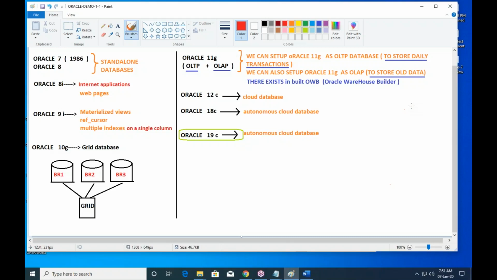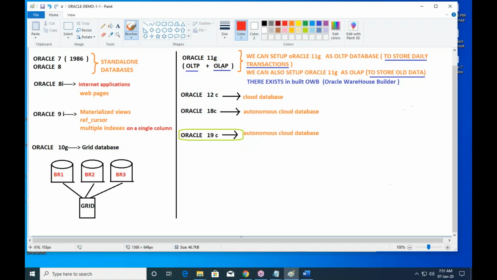But here grid is a process. It is like a program. It is not supporting analysis of your old data. Grid is not a separate database. It is a system or program which will monitor the database servers.